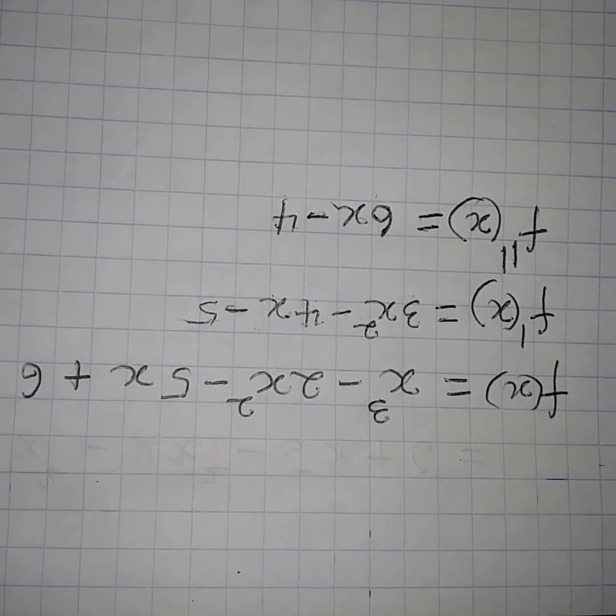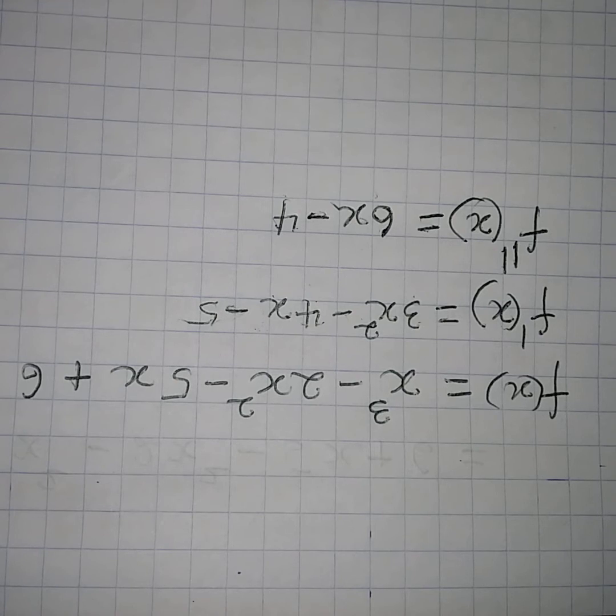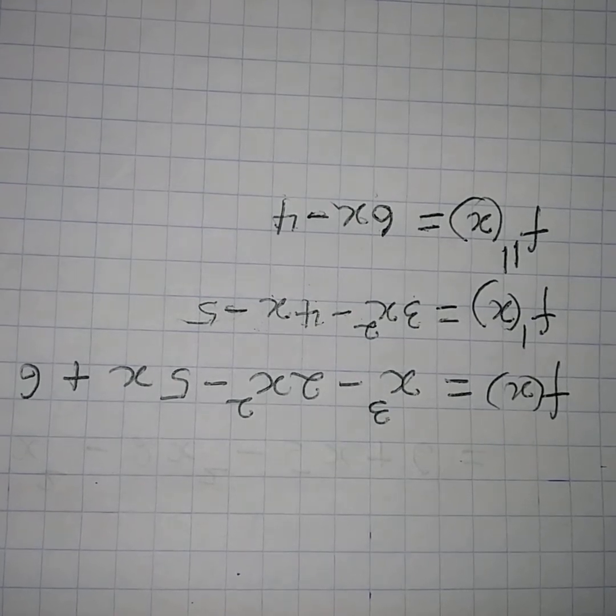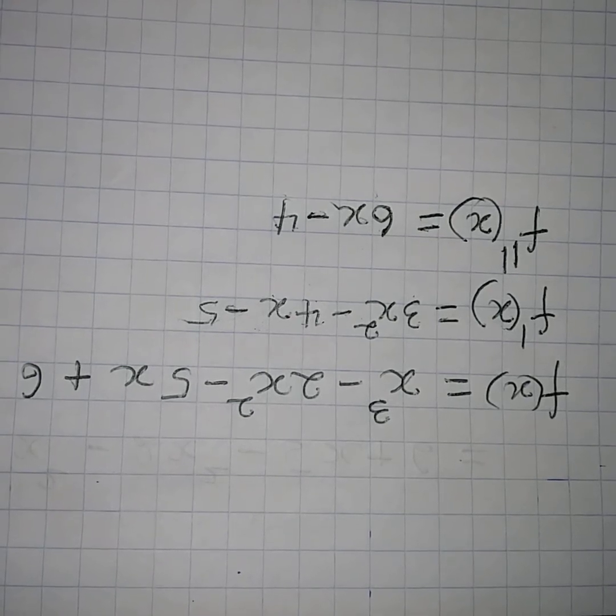In our next lesson, we will look at how to determine the x coordinates of the turning points, the two turning points of the cubic graph, and also the x coordinates of the point of inflection. Mind you, when you are dealing with a cubic function or a cubic graph, there are two turning points originally of a normal cubic graph.